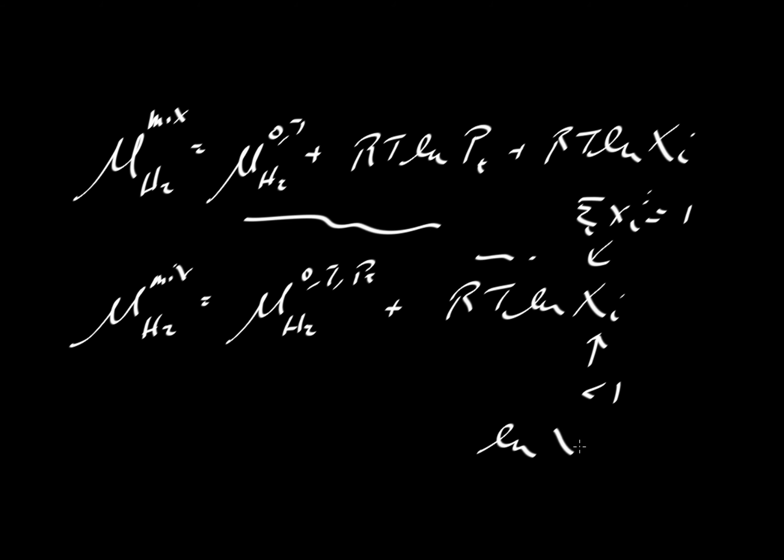That means the natural log of Xi will always be less than 0, and this thing will always have a negative sign in front. And so anytime you contaminate some pure stuff with some kind of material and you have this mole fraction Xi, we will always reduce the chemical potential of that stuff in the mixture. So making mixtures means that we reduce the chemical potential relative to something that is pure.